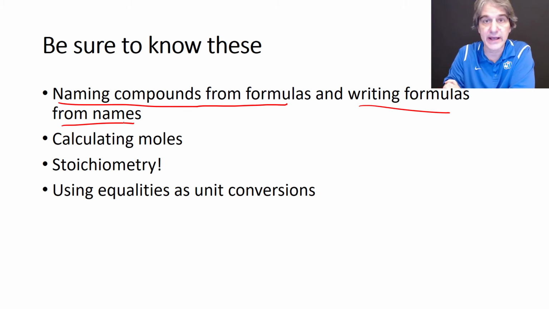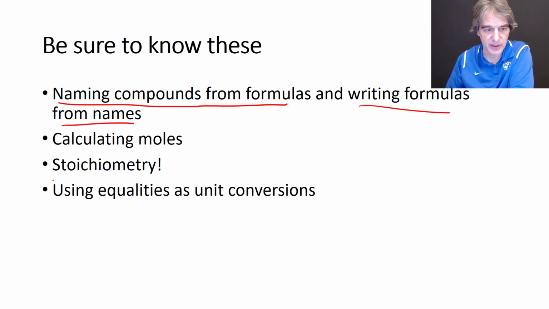Calculating moles from any other amount. I could give you grams and you could calculate moles. If we're talking about a gas, I can give you pressure, temperature, and volume, and you can give me moles. If we're talking about electrochemistry, I can give you the total amount of charge, and you can give me moles of electrons and then moles of whatever metal we might be talking about.